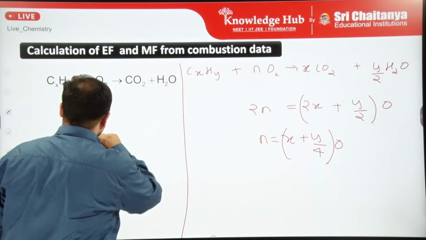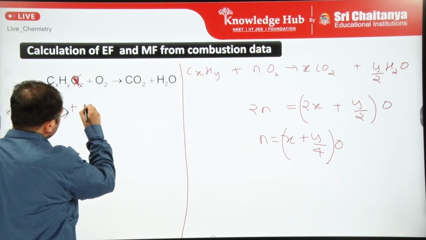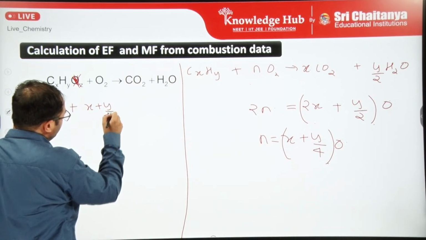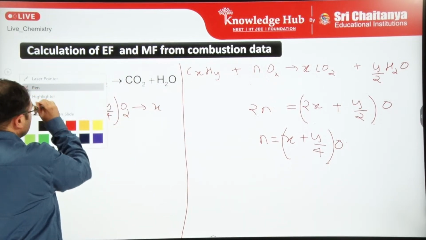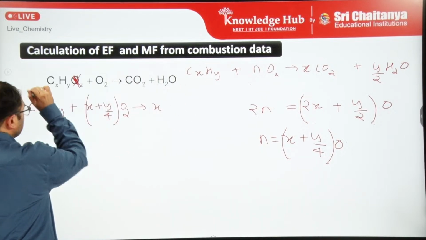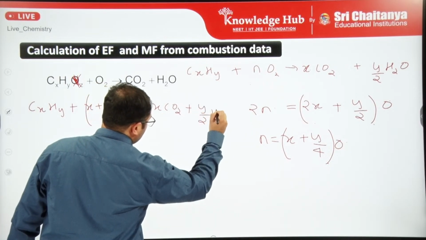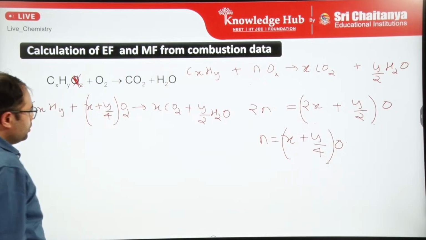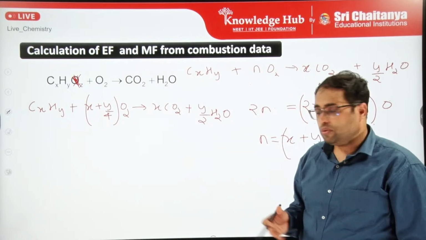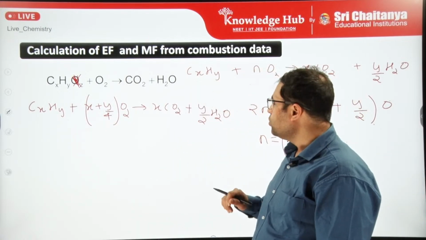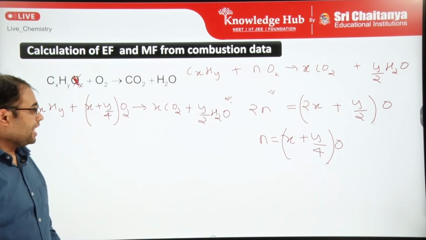So I can write this equation again as CxHy plus (x plus y by 4) O2 giving you x CO2 plus y by 2 H2O. So this is the very first step. You should know how to balance it out, and after you know how to balance it out, you can move to questions. So write this down, and this is the way how you balance it out. Fine.